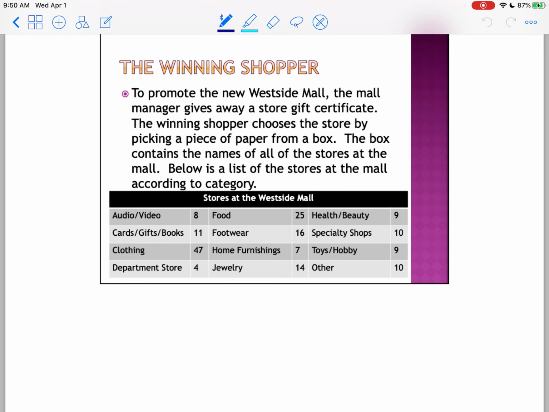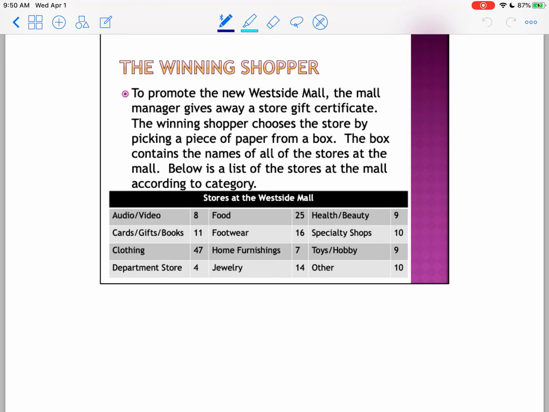So here's another example. We have the winning shopper. To promote the new West Side Mall, the mall manager gives away a store gift certificate. The winning shopper chooses the store by picking a piece of paper from a box. The box contains the names of all the stores at the mall.